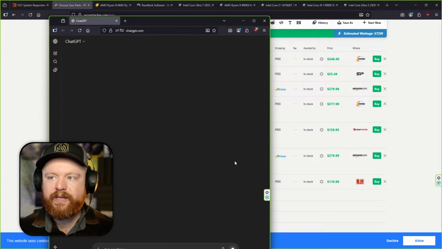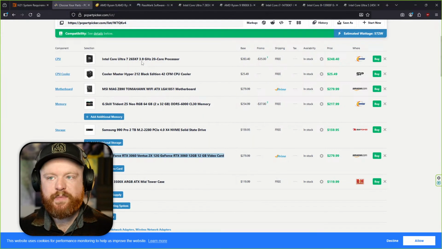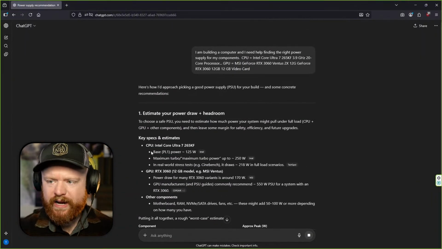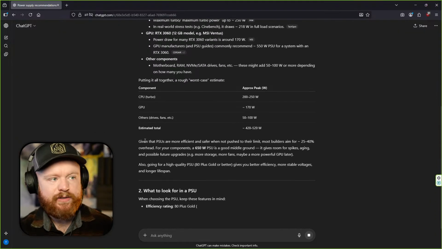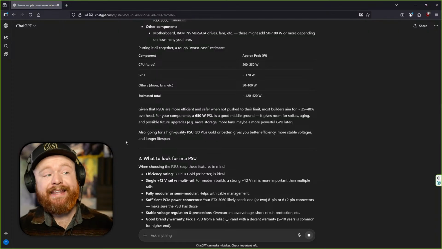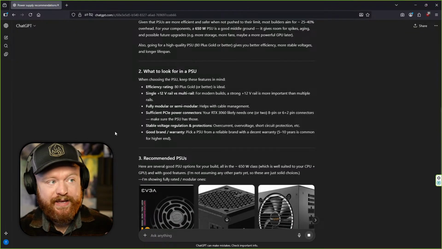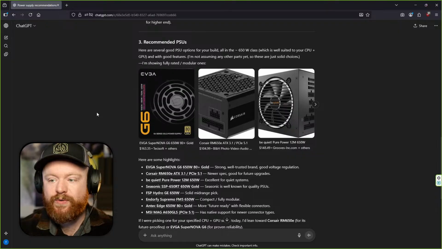And then when we upload this, take the time to actually copy and paste everything you have here. And then whenever you find the estimated amount of power that this needs, always add a little bit more. Additionally, if you plan on adding another graphics card in the future, you'll want to buy the PSU, the power supply that will support the extra graphics card in the future.